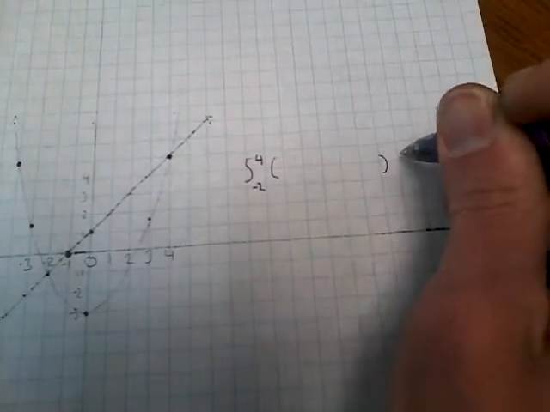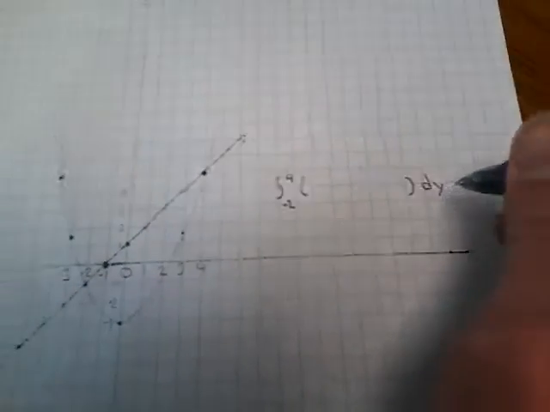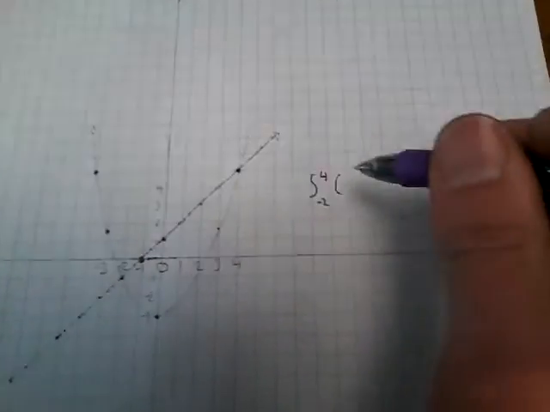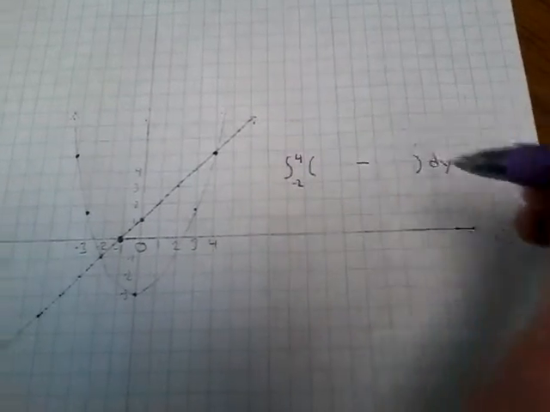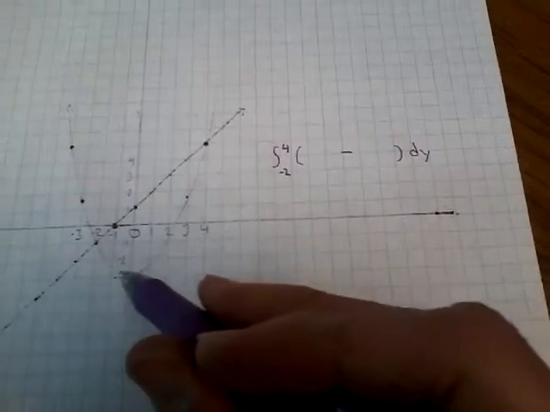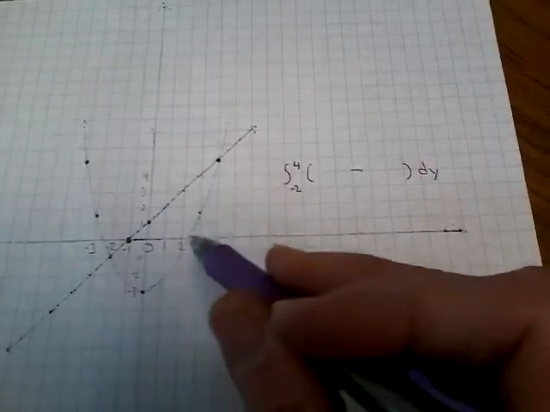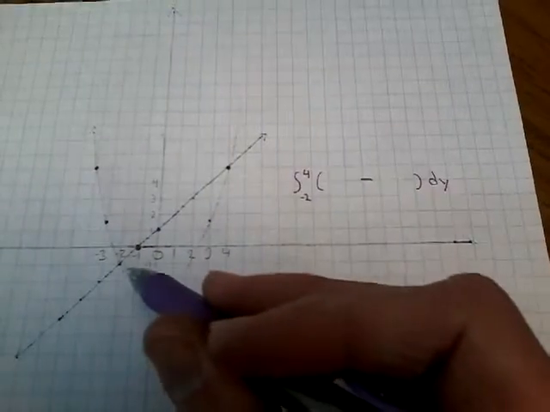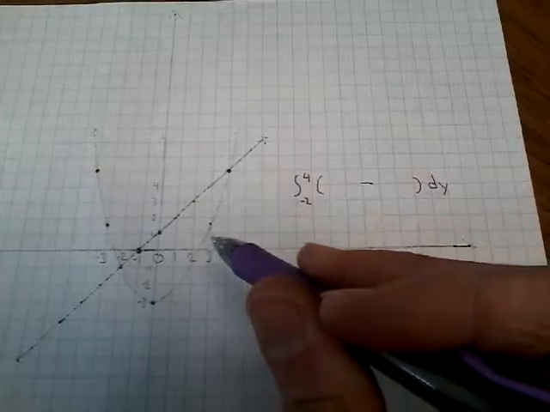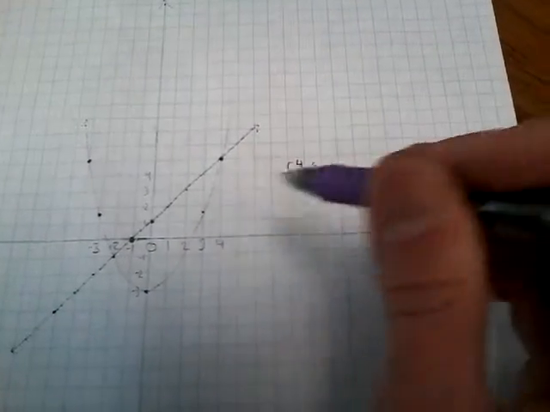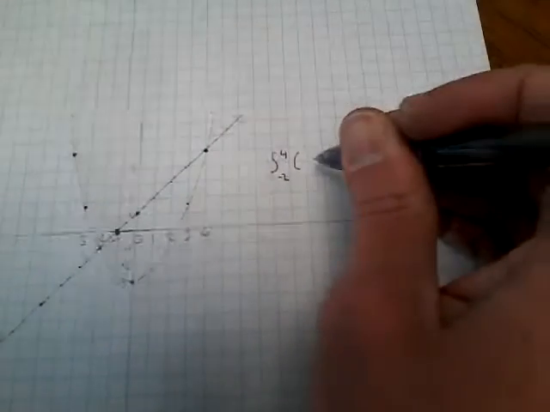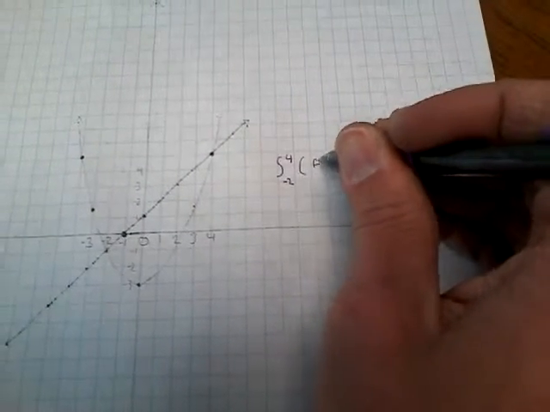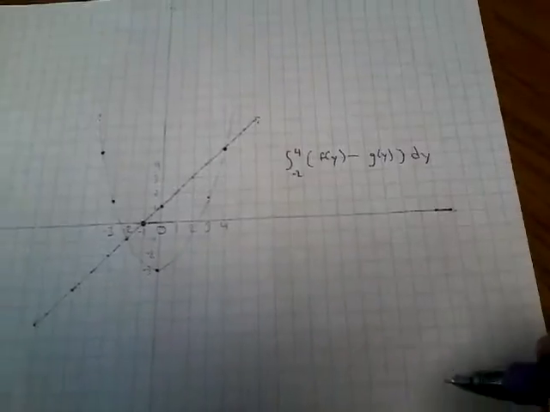We're going to integrate with respect to y, and then we need to do the top curve minus the bottom curve. So then the bottom curve, we typically call it g of x, but if we're integrating with respect to y, we're going to call it g of y instead, and we'll call the top curve f of y.